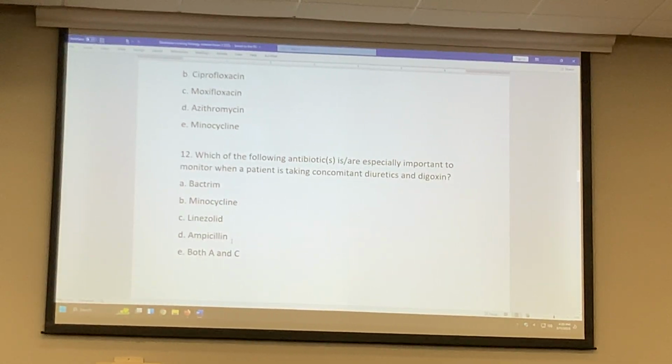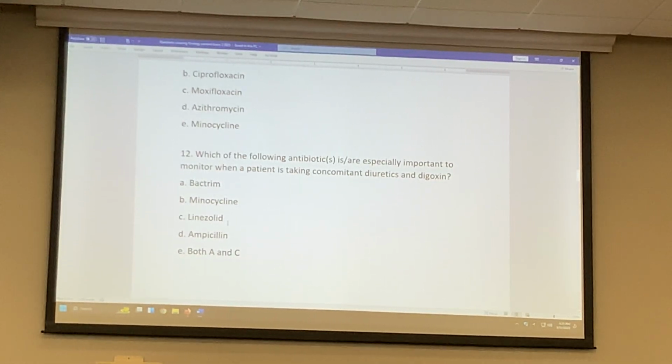So any drug interaction that you can think of is ampicillin. Anything? No. Okay. What about linezolid? Did I say anything about electrolytes or cardiovascular drugs? Any? No, right? So A and C probably, because he is here, is already excluded.